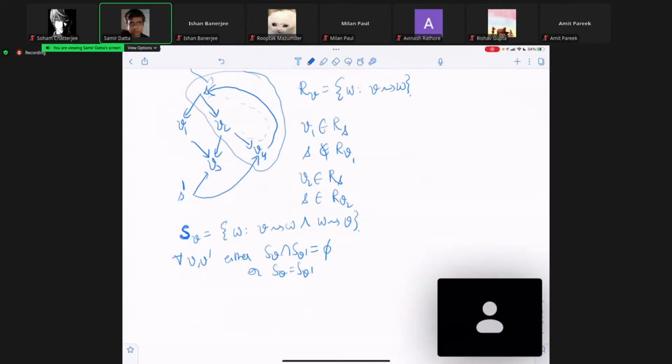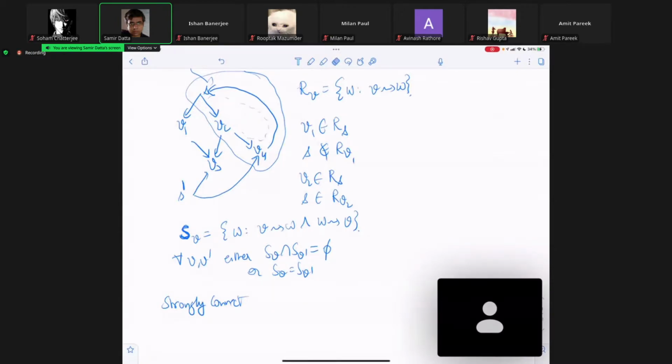This relation we call strong connectivity, and these are strongly connected components. Let me first define strong connectivity.